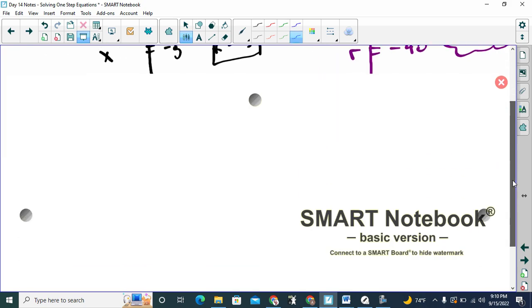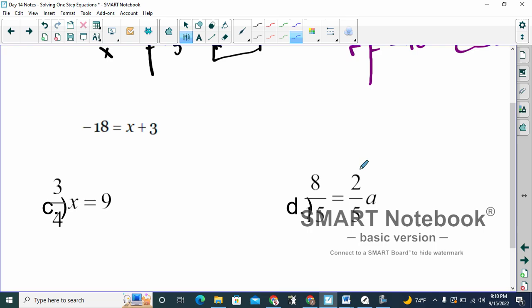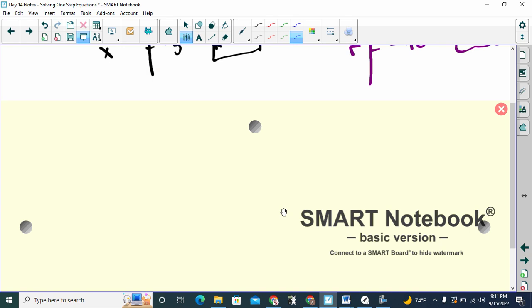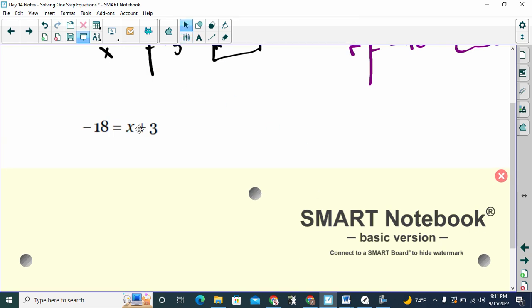And last one, not last one, sorry. It is the last one. It says negative 18 equals x plus 3.